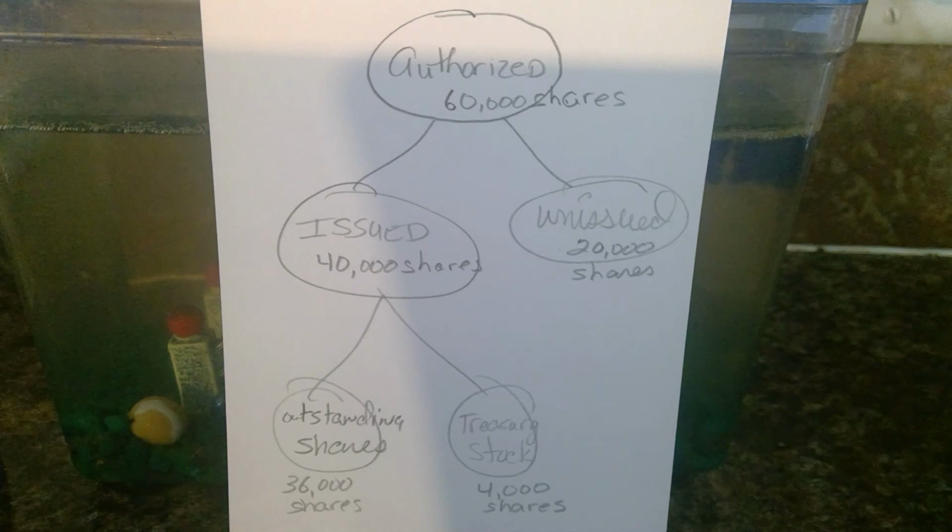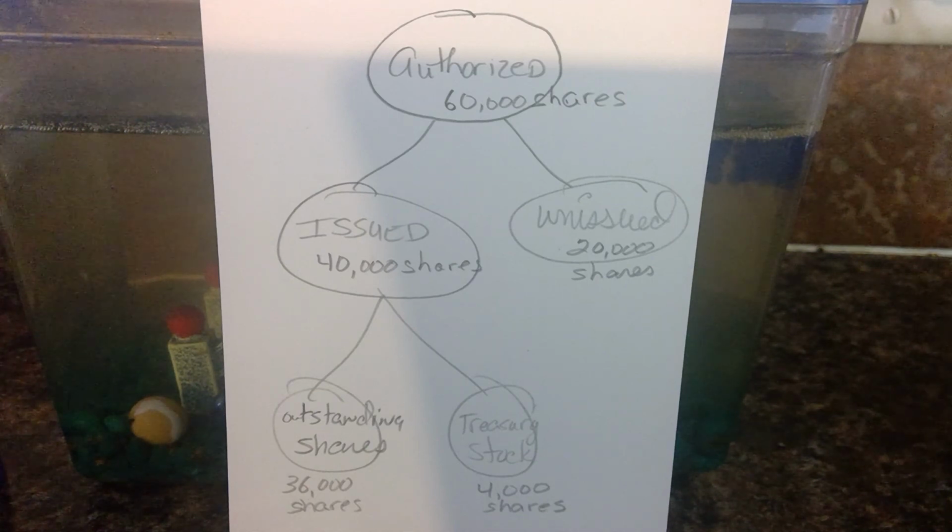Now, keep in mind, treasury stock is stock that the company buys back of its own stock, which means in this example on slide 3, there are still 36,000 shares being held by people outside of the corporation. So those 36,000 shares are what we consider to be outstanding. We do not own them. Somebody else owns them. And that's the purpose of that.